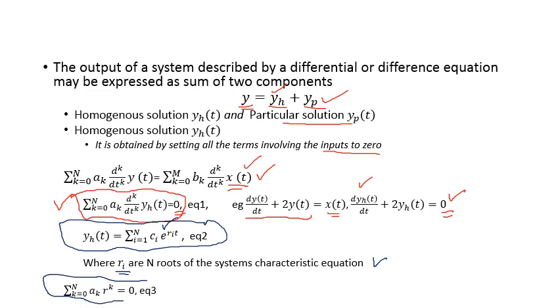So these are the three main things that we need to do for finding a homogeneous solution. On the next slides we have some numerical problems to clear the concepts of how we are going to find the homogeneous solutions.